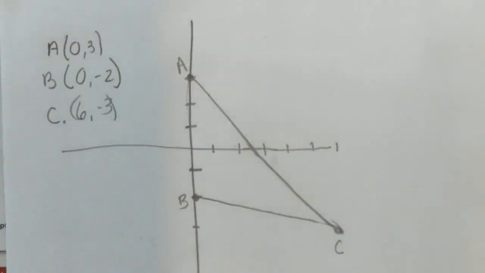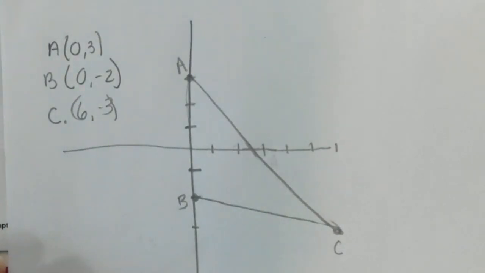All right, so we need to find our altitudes, and it's going to be outside. Which side should I start with? What's your path of least resistance? Start with the AC side.